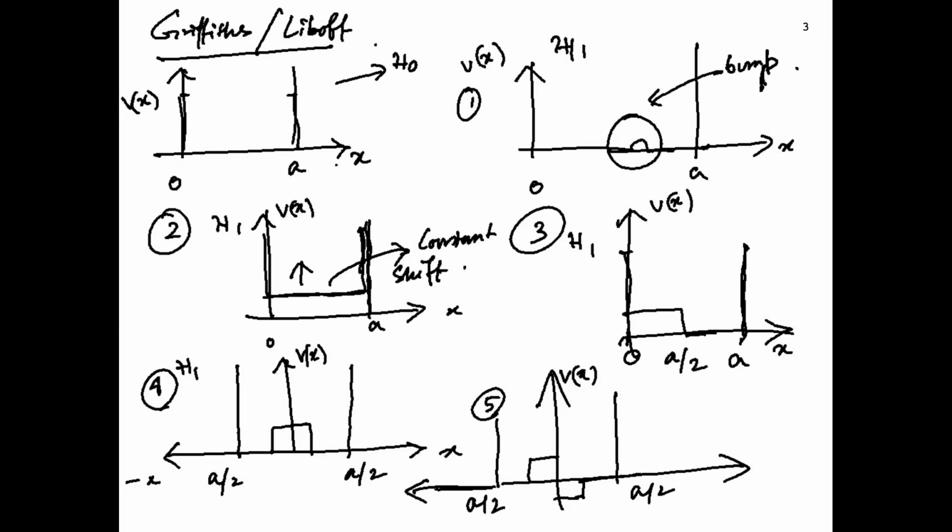So these two are different, because in the first case, what you do is basically you maintain the parity of the problem. In other words, if the original problem has this symmetry that the potential at x is the same as potential at minus x, in this problem that also happened, but in the fifth problem you break that. The potential at x is opposite to potential at minus x.